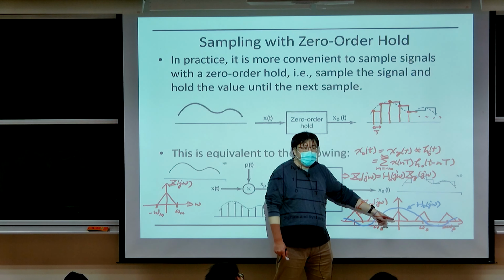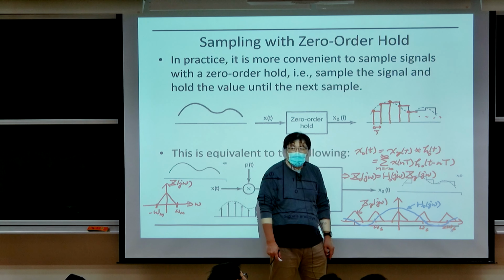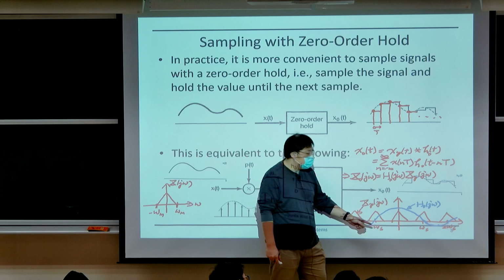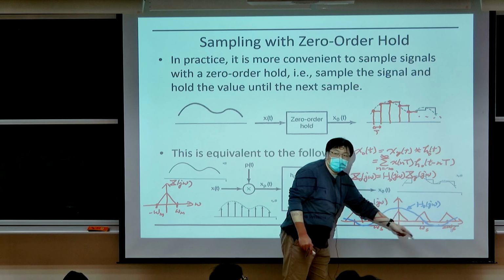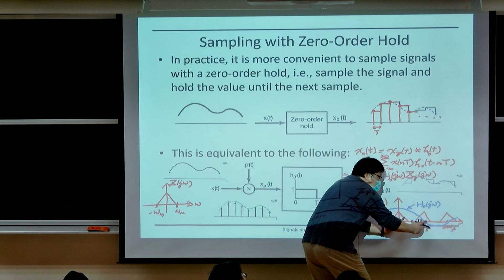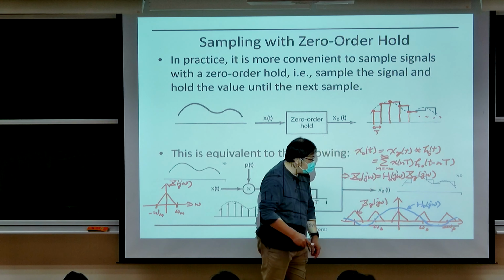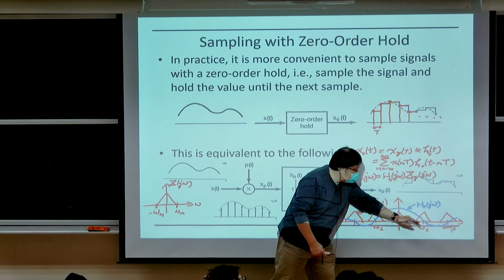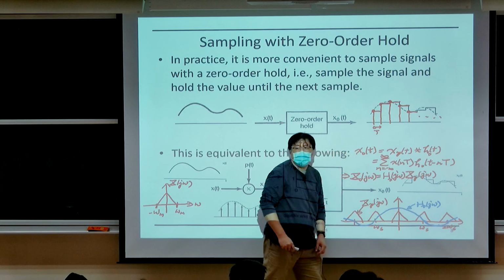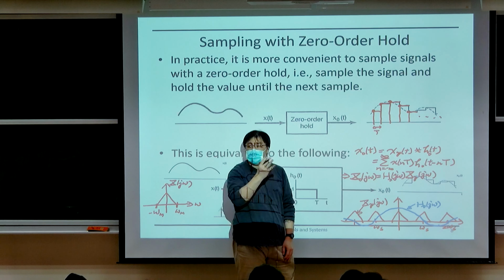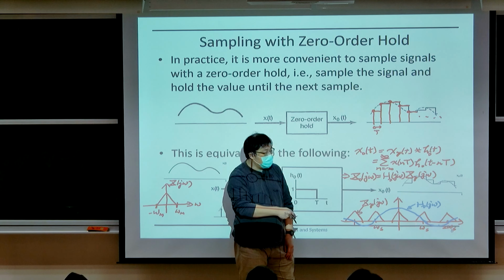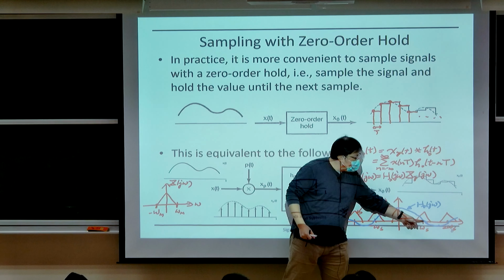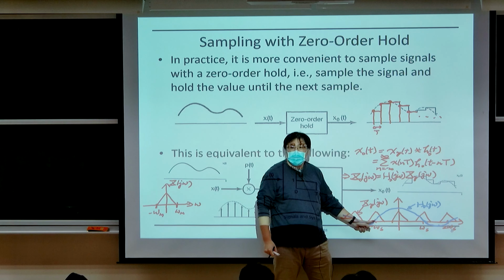So if we sample faster, then what happens? Omega s increases, so this is separated further away, and this curve here is stretched out. This omega s stretches out the main lobe of the sinc function.